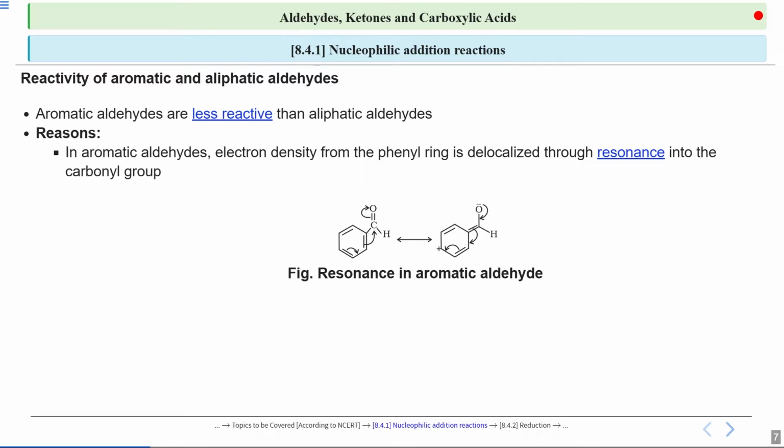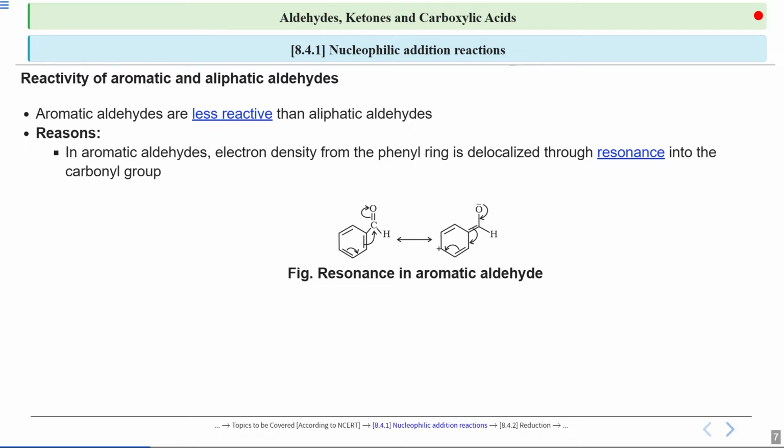But at the same time, the benzene pushes the electron density towards the carbonyl carbon. So the positive charge on the carbon of the carbonyl group gets reduced. So the carbon becomes less electrophilic.